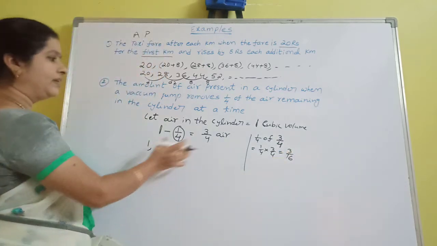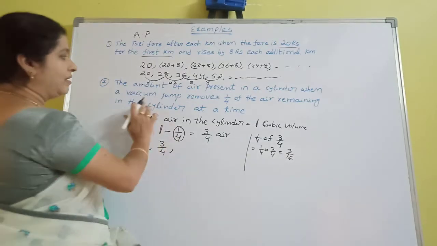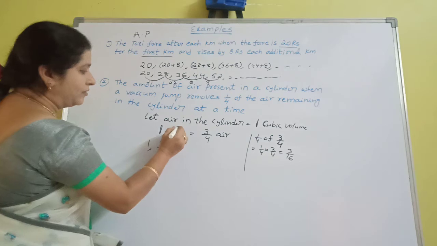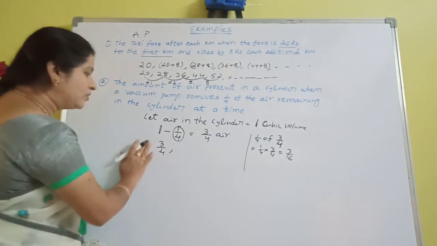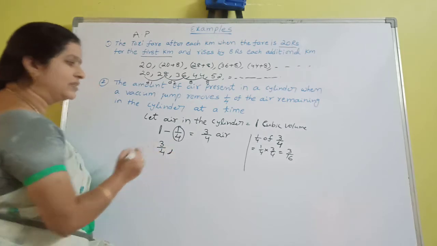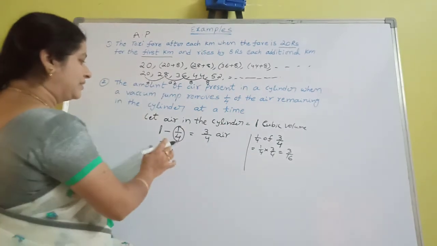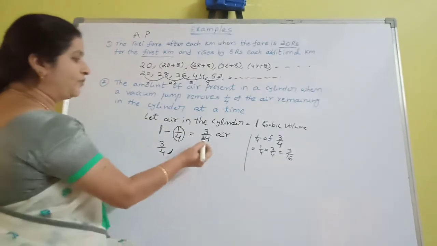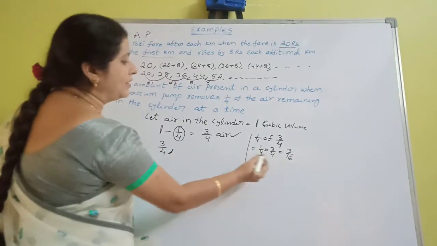Again, how much air is remaining in the series? Here we calculate the remaining air. First we subtract 1/4 of 1 and get 3/4. So that is the first term. Here we consider the series for the remaining air only. The first remaining air is 3/4. What is the second remaining air?